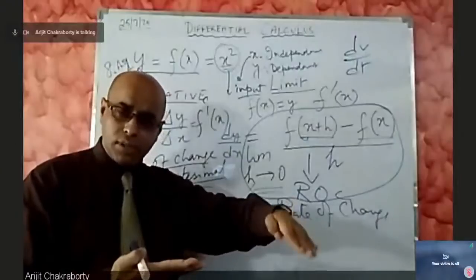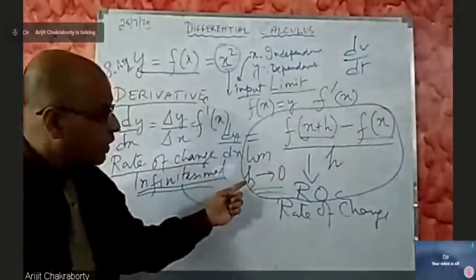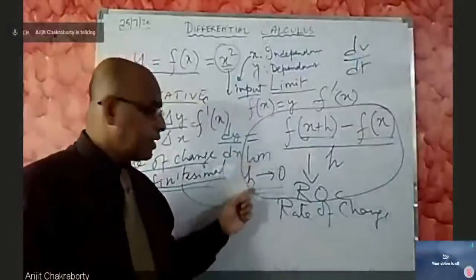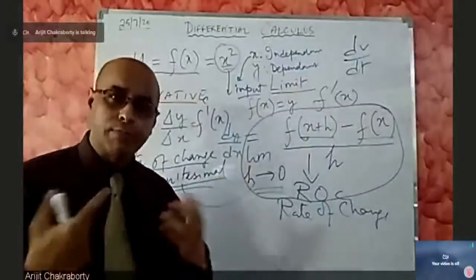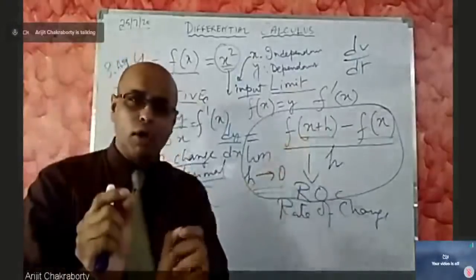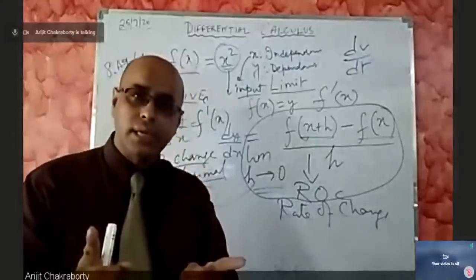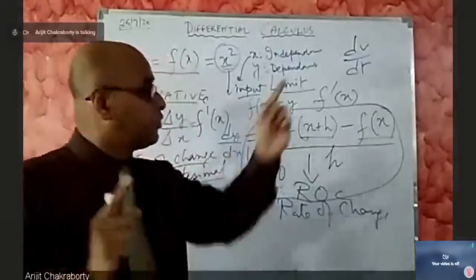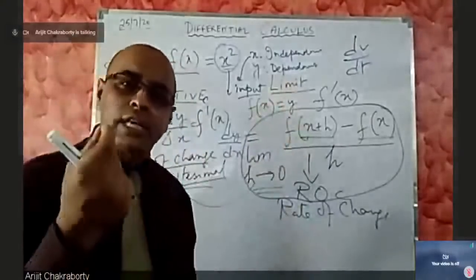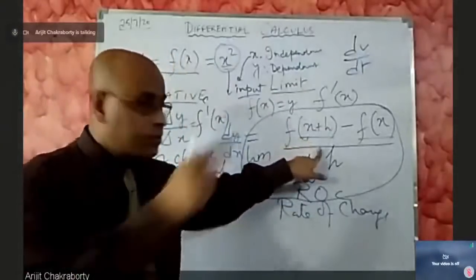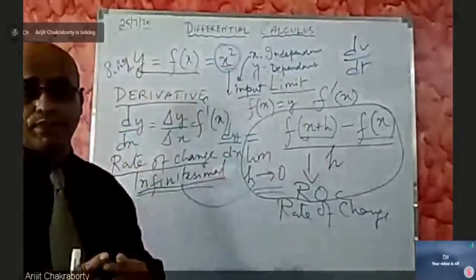It will still bounce, but it will be small, infinitesimally small. That means limit h tends to 0. That means the difference is very small, but still we want to find what is the impact of this infinitesimally small change in the value of x and its impact on y.